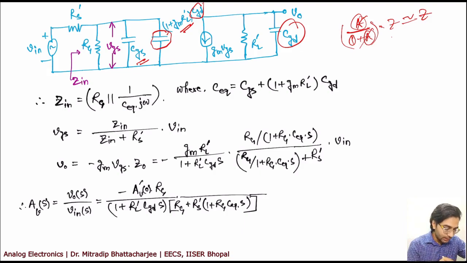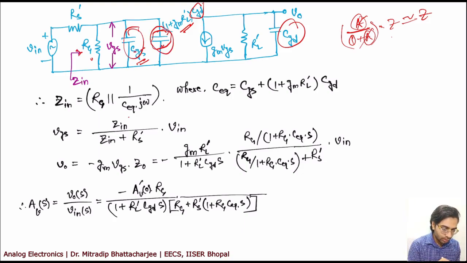Now what is your Zin? Zin means the input impedance, and you look from this side, right? You don't consider the Vin as it is external. So when you calculate the input impedance, you look from here. So your Zin will be RG in parallel with this and this.